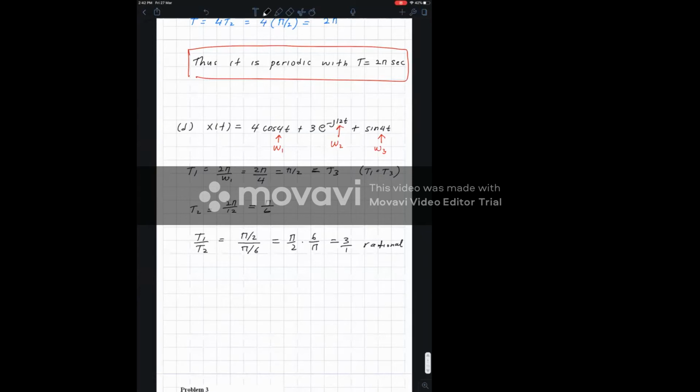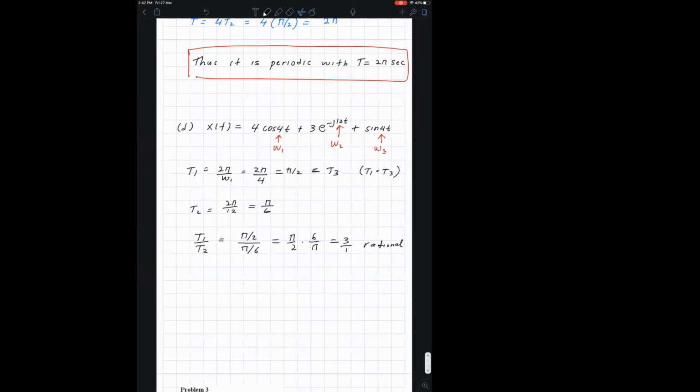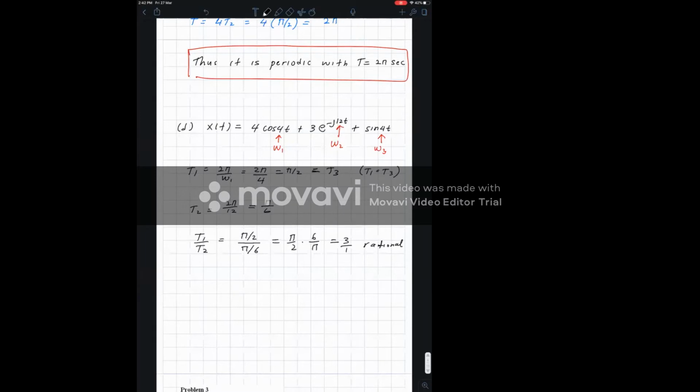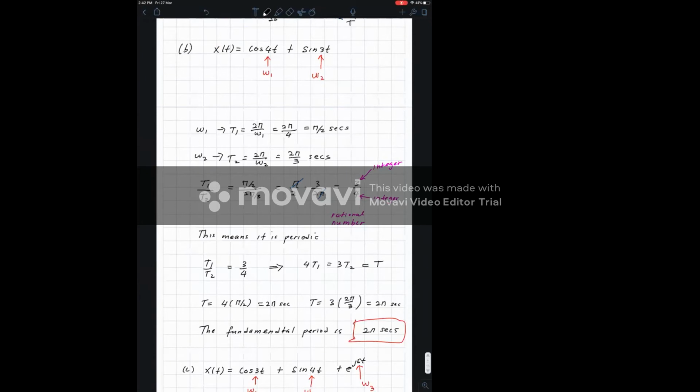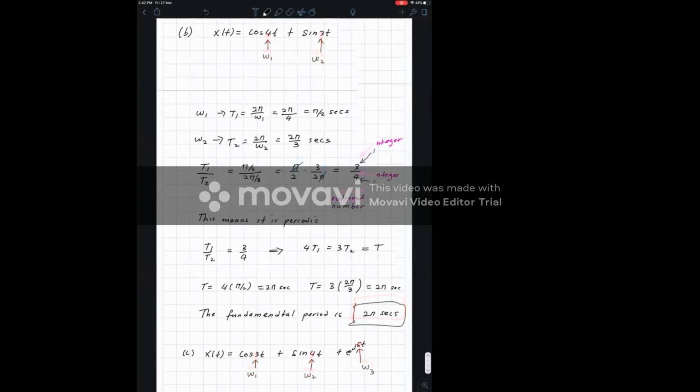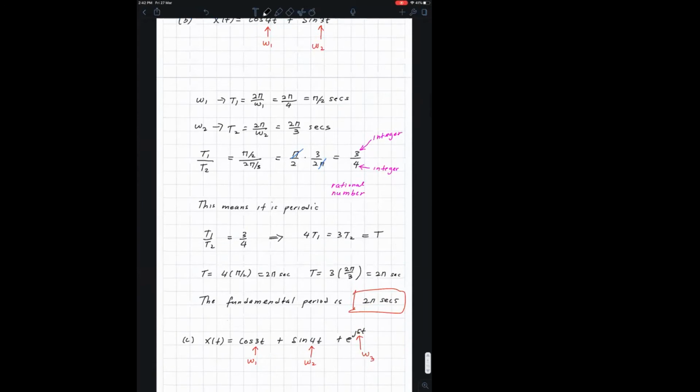We had something like this before when we had only two signals. Earlier on, remember, we only had two signals here. Same deal, okay?